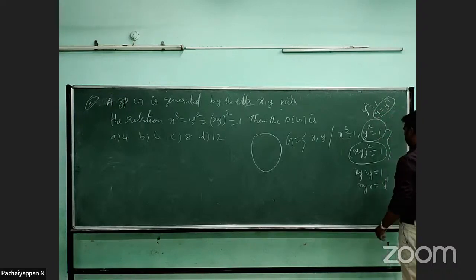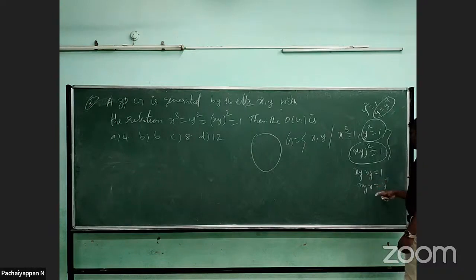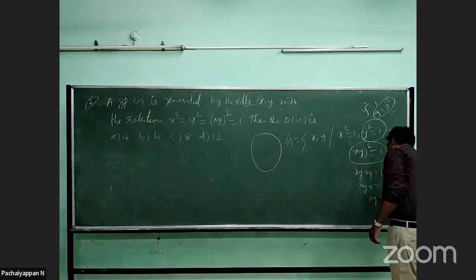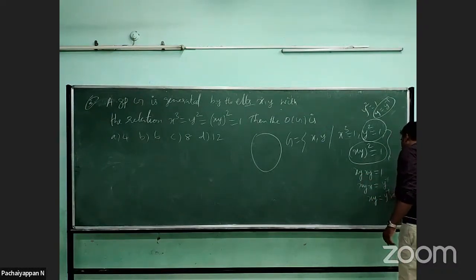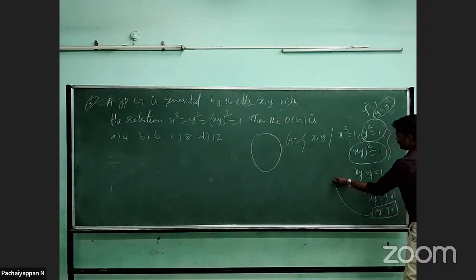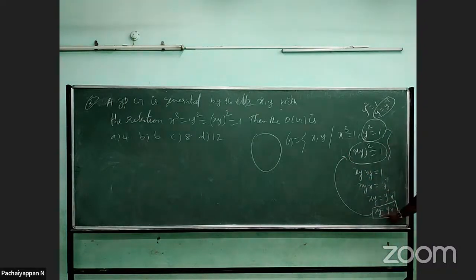Pre-multiplying and post-multiplying by Y inverse, we get XY equal to Y inverse X inverse, or XY equal to YX inverse. There are many ways the relation can be asked. Maybe next time, instead of this, they would ask XY equal to YX inverse, or XY equal to Y inverse X inverse, or XYX equal to Y inverse. They will ask the same relation in different ways.